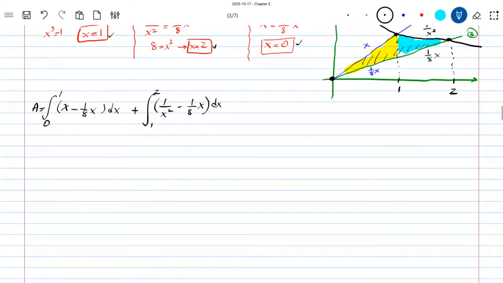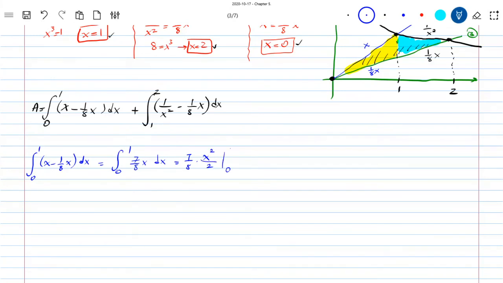Okay, so let's do that. Let's figure out each integral separately. First I want to find the integral from 0 to 1 of x minus 1/8x dx. I can simplify the function inside: x minus 1/8x is 7 over 8 x. Now the integral would be 7 over 8 times the integral of x, which is x squared over 2, evaluated from 0 to 1.